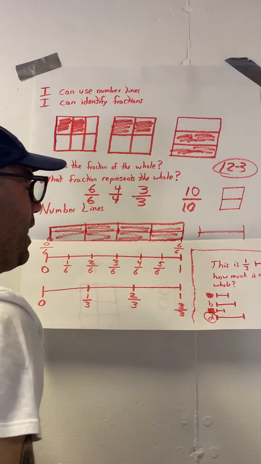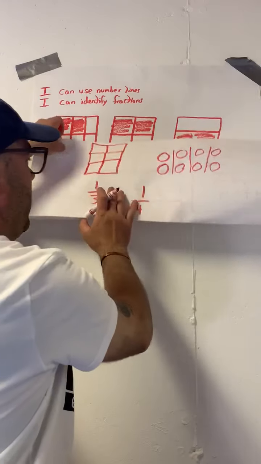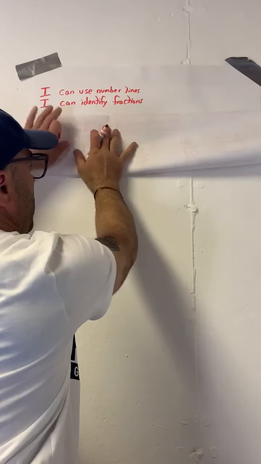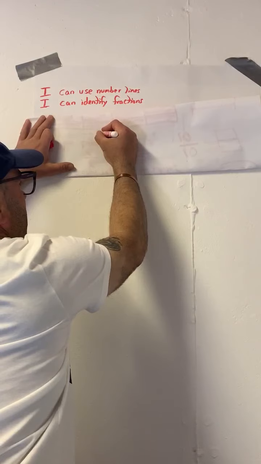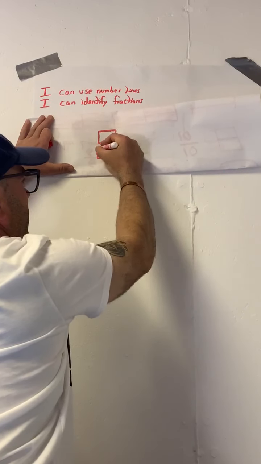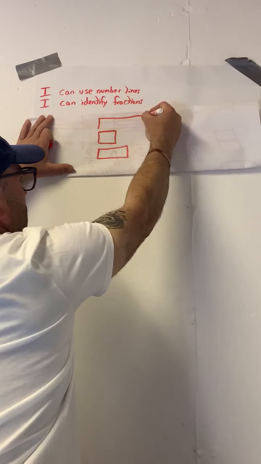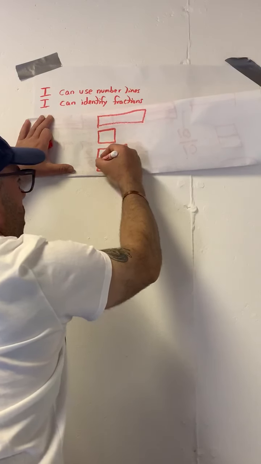And then there's another question that said something like this. Oh, sorry. Guess I should have made a new chart. Each one of these represent 1/2 of a shape, which would represent the biggest one.